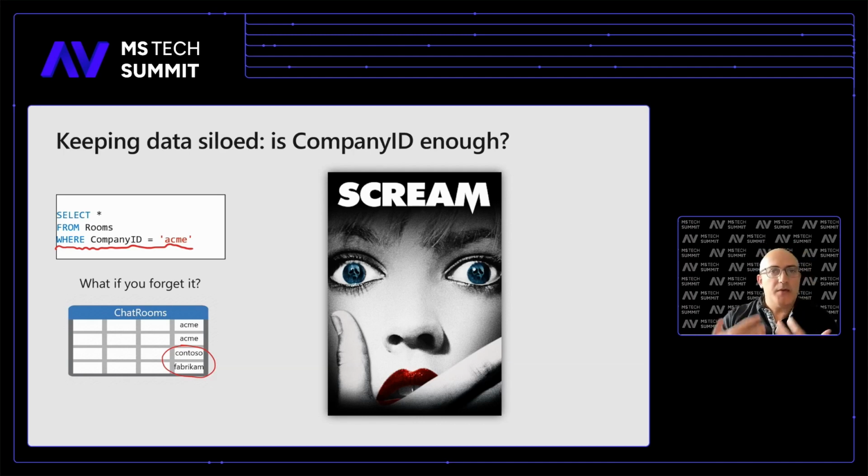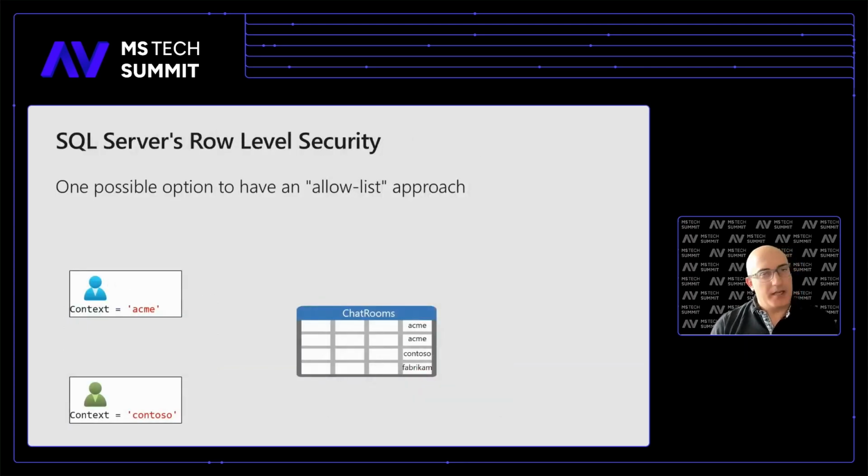So what can we do to improve this? Well, there's a feature in SQL Server, and also in pretty much all the most modern databases, called row-level security, which we can adopt to harden the security around our data isolation strategy. So what is this row-level security?